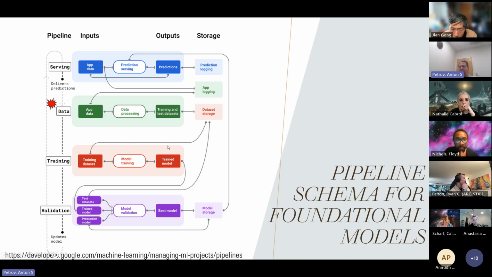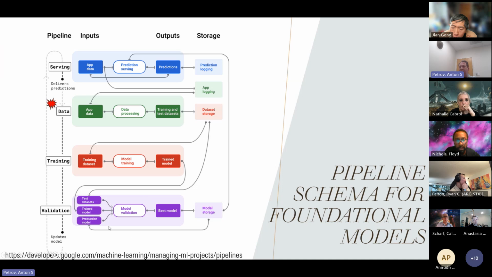The model selection and the training steps are essential key components for developing pipelines for foundational models. Once initial training is achieved, then the models will be validated. So there is a model validation step.